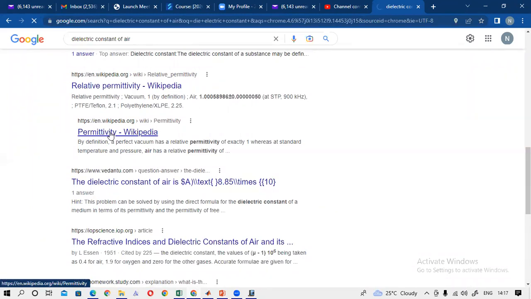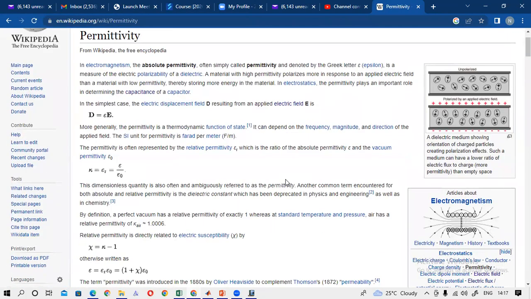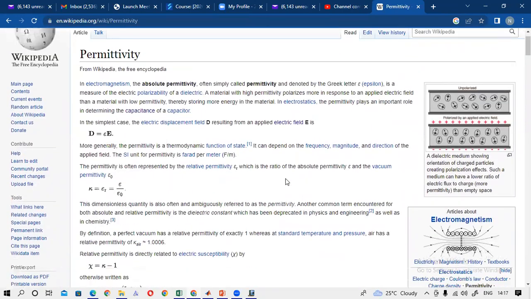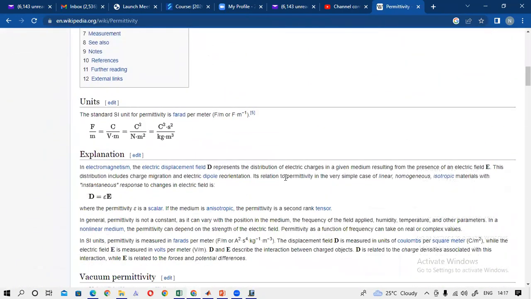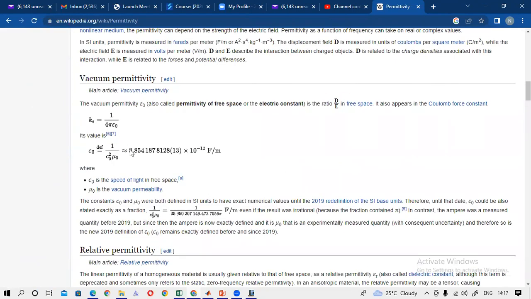So we will see Wikipedia. I think you can remember these things; we learned this in electric fields at A level also. So I think this is the value for air.